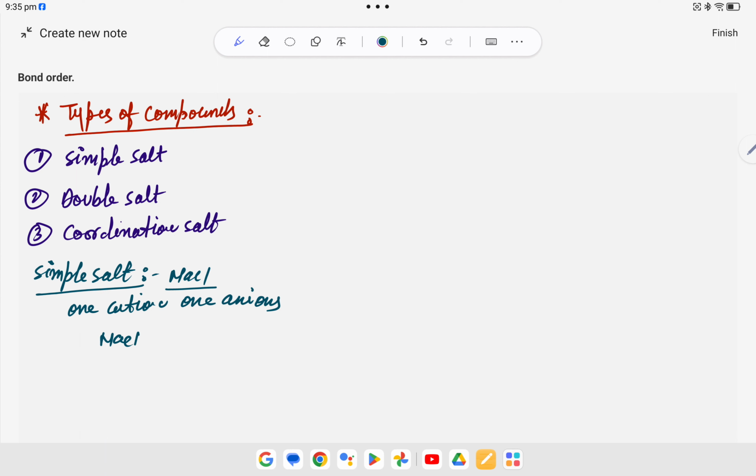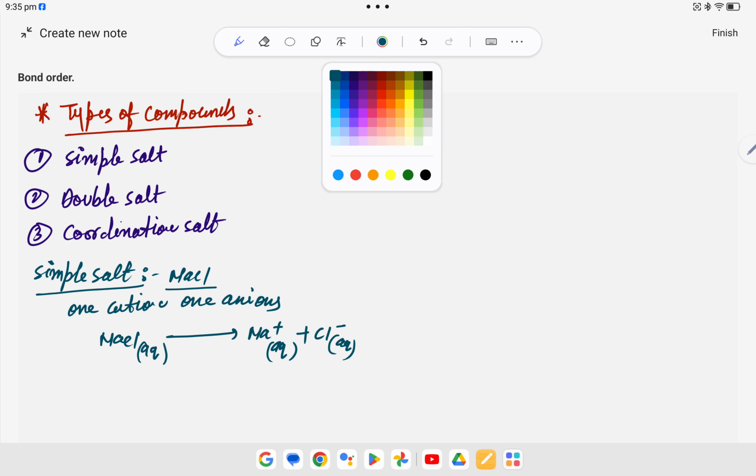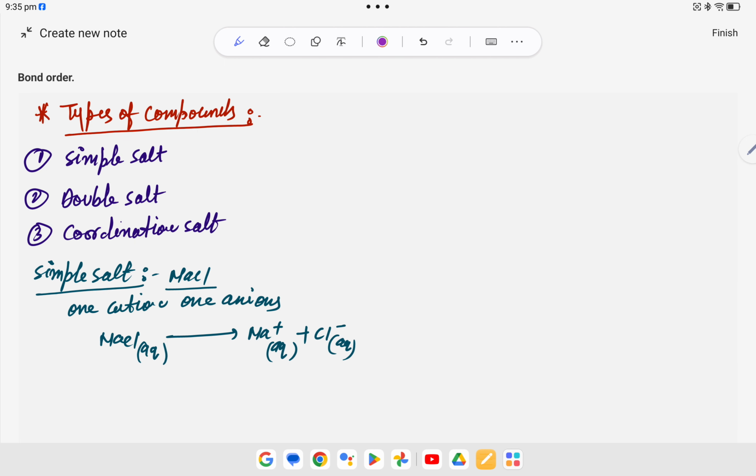In the aqueous medium, NaCl breaks down into Na plus and Cl minus aqueous. That's it. Then double salt. Example, Mohr salt.